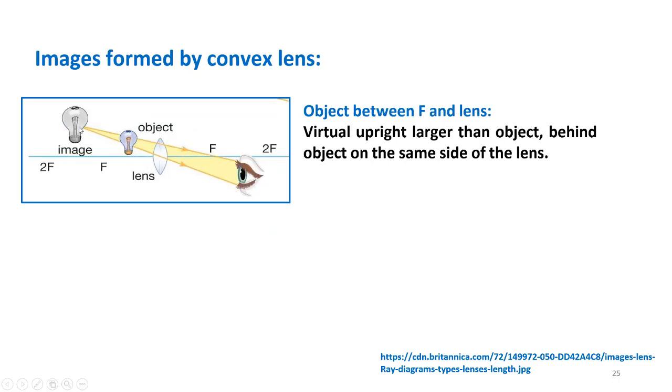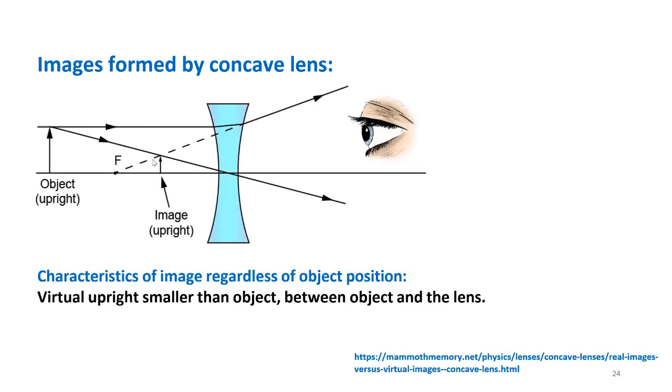And if I put the object within the focal length, I'll get a very large image that is upright but virtual. So depending upon the application, we can put our object, or basically the lens, in real life conditions.